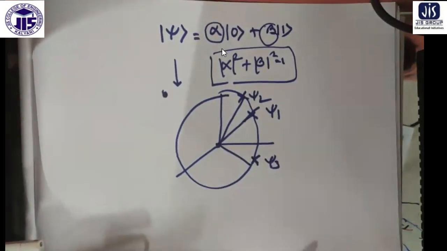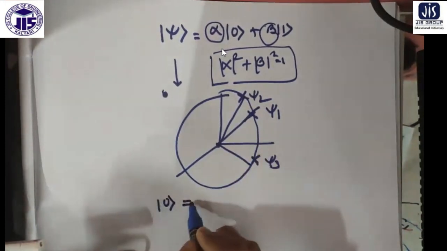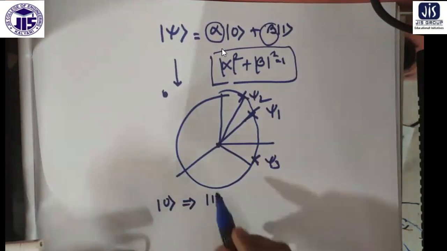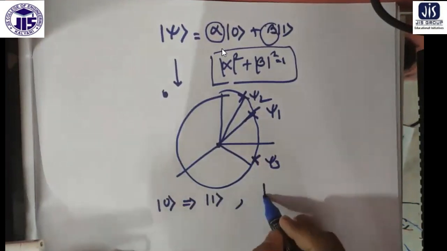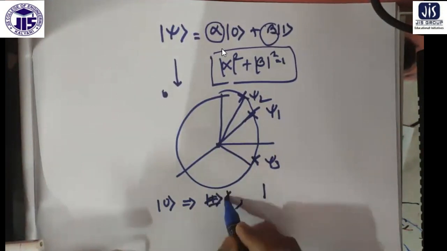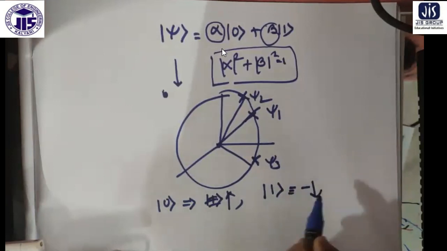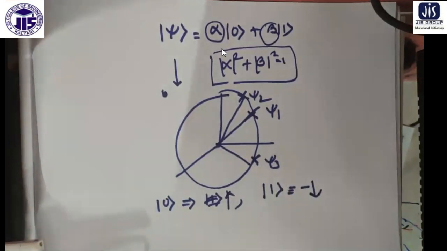Now the next point is that I can realize this 0 as the spin up state of the electron, and the 1 as the spin down state of the electron.